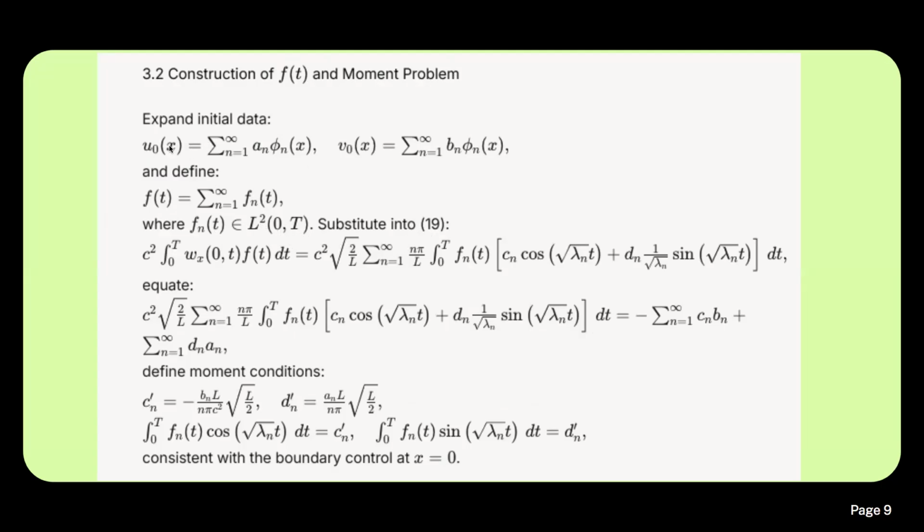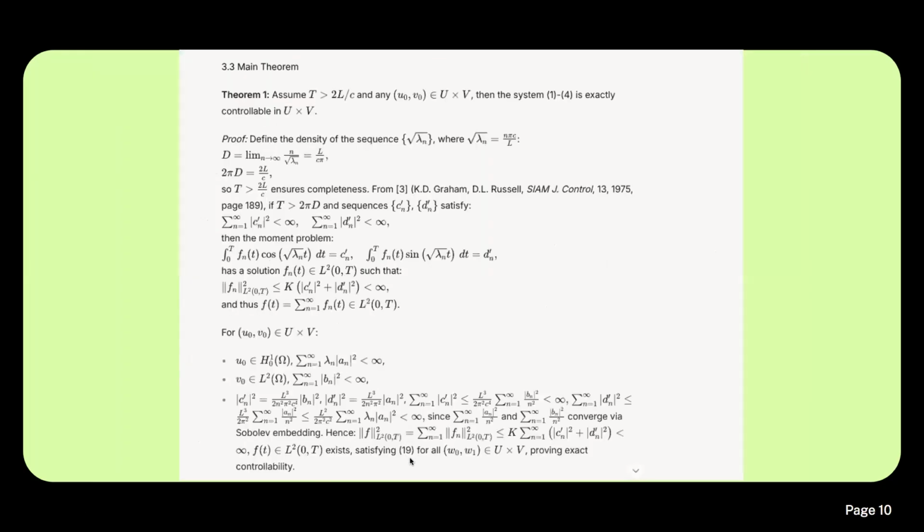We put everything into 19, and we had those parts. Then we calculate and compare. We get a moment condition: Cn' equals this part, Dn' equals this part.